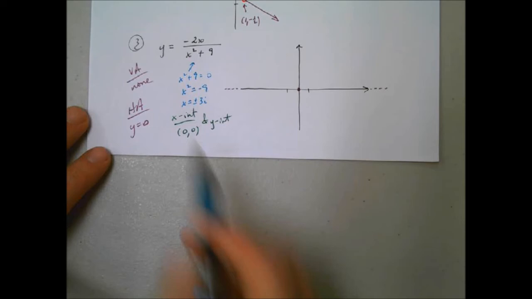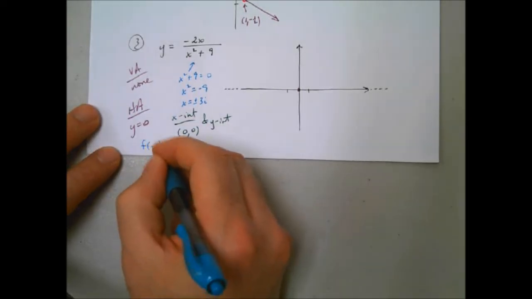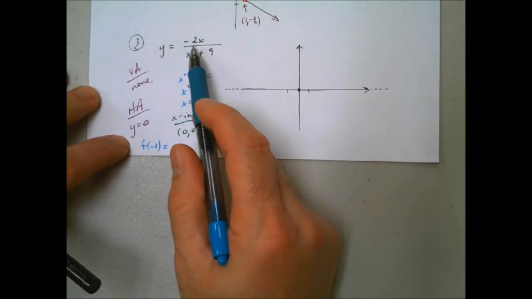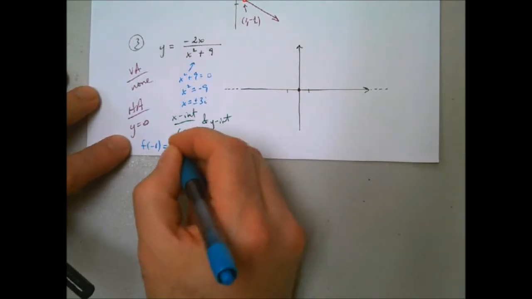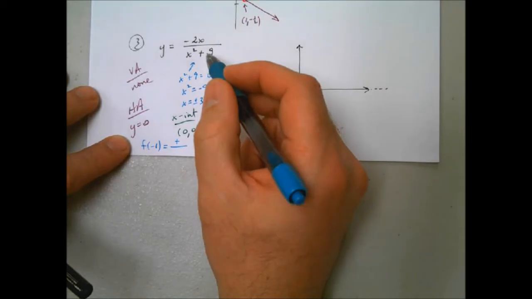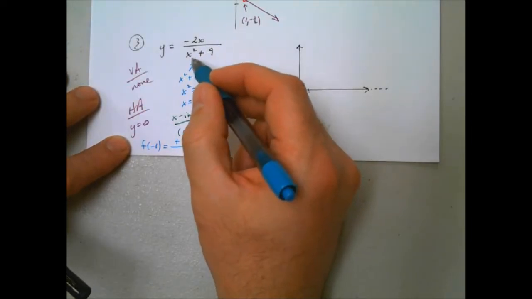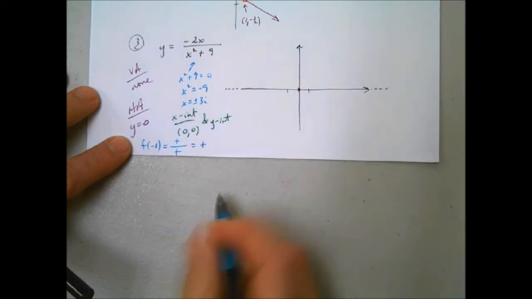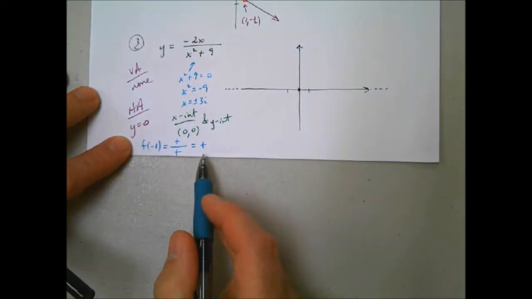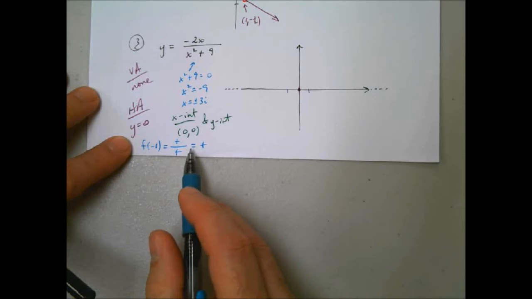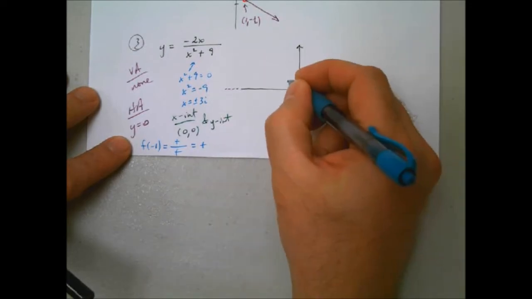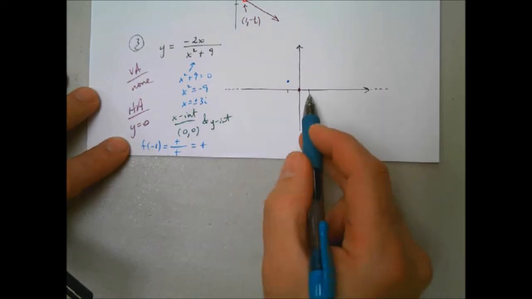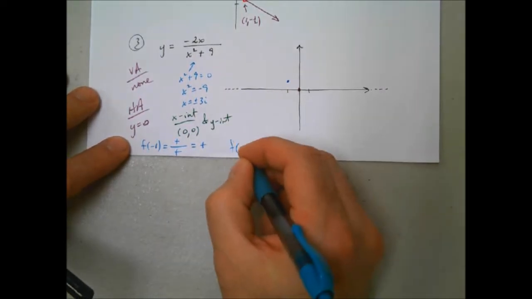So if I input f of negative 1, negative 2 times negative 1 is positive. All I really need to know is positive or negative. Negative 1 squared is positive, plus 9 is positive. Positive over positive is positive. So at negative 1, we're above the x-axis.